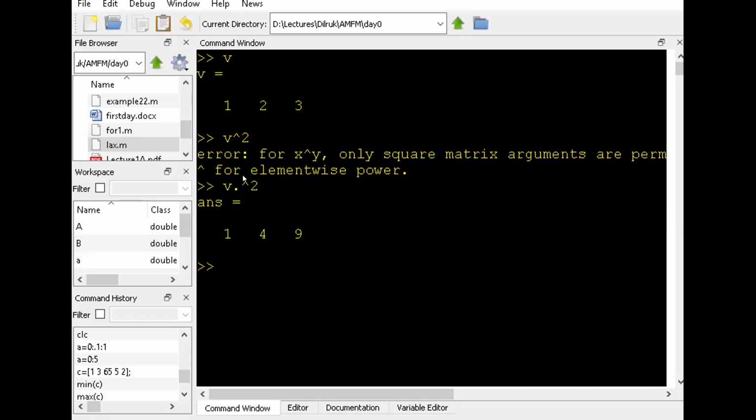So put the dot in front of the operator if you want to do element wise operation.